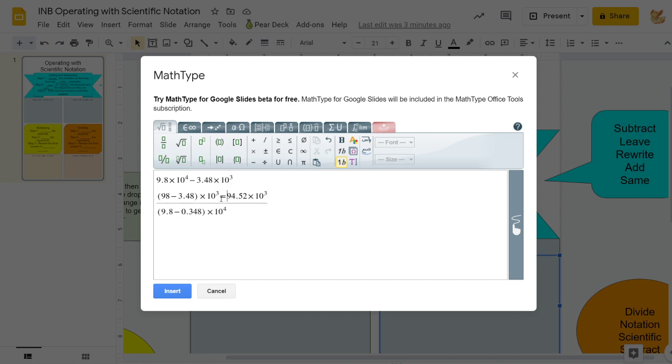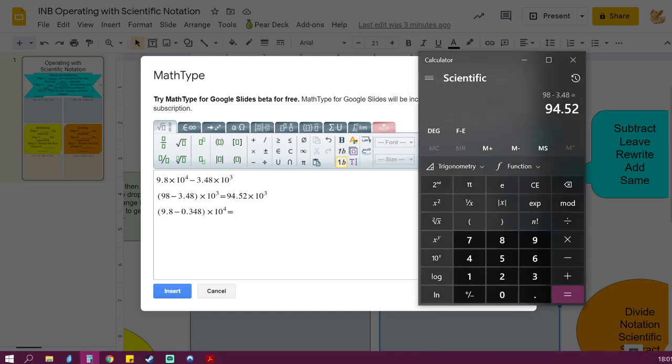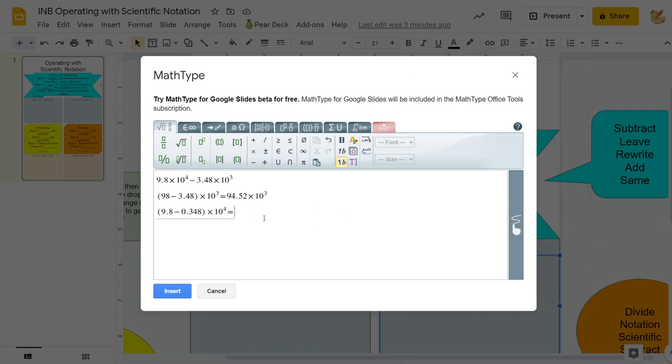Whoops, I want equals, not minus. And this would equal, let's do the same math. So we have 9.8 minus 0.348. Same numbers, just the decimals in a different spot. 9.452.